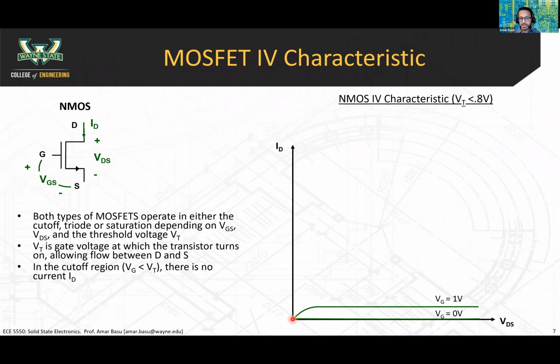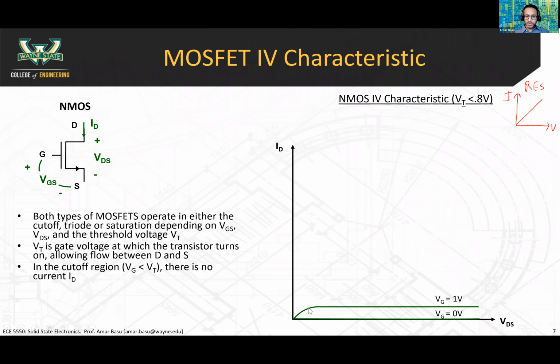The second thing you'll notice is that initially the current goes up as a function of the applied voltage. So you see something like this. Just to remind everyone, if you plot the current voltage characteristic for a resistor, it looks like a straight line like this. As you increase the voltage, you increase the current.